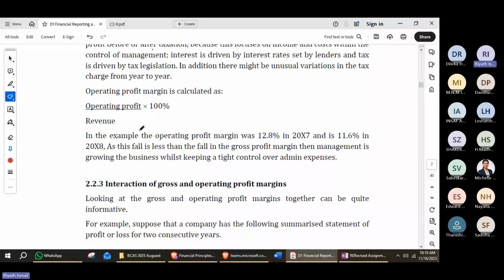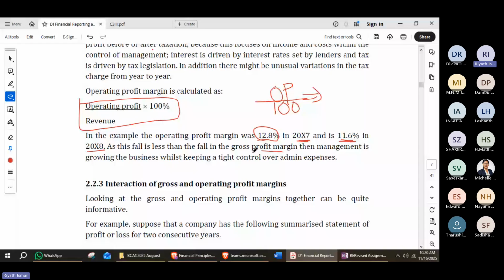Now the operating profit margin is calculated this way: operating profit divided by revenue, that is sales. Here, for each 100 rupees of sales, how much operating profit? That is called operating profit margin. In the example, the operating profit margin was 12.8% in 2017. Now it is 11.6%, right? This fall is less than the fall in the gross profit margin.